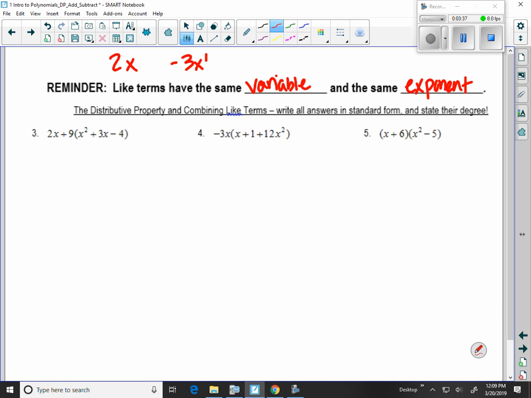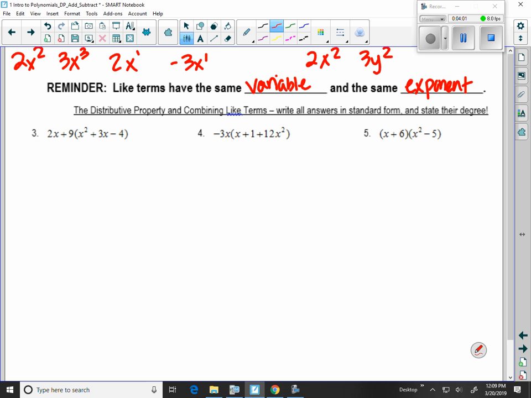Yes. What's the power on this? 1. Okay, what about these? No, not the same variable. What about this one? No, different. Yeah, okay, same variable, same exponent.